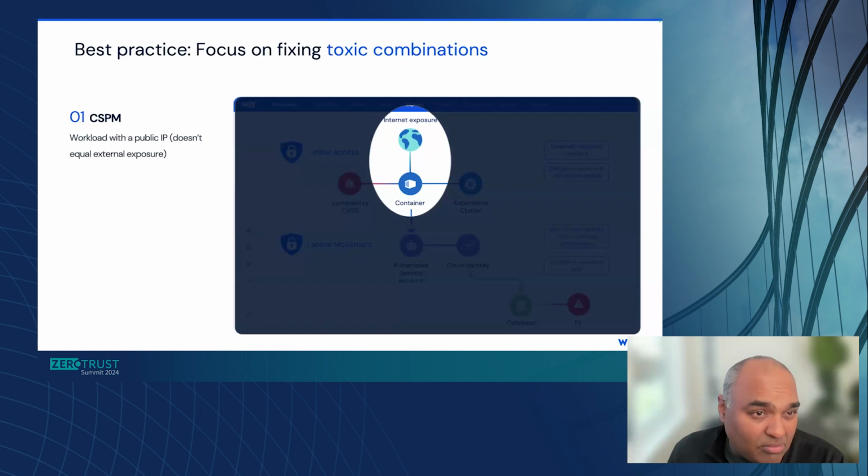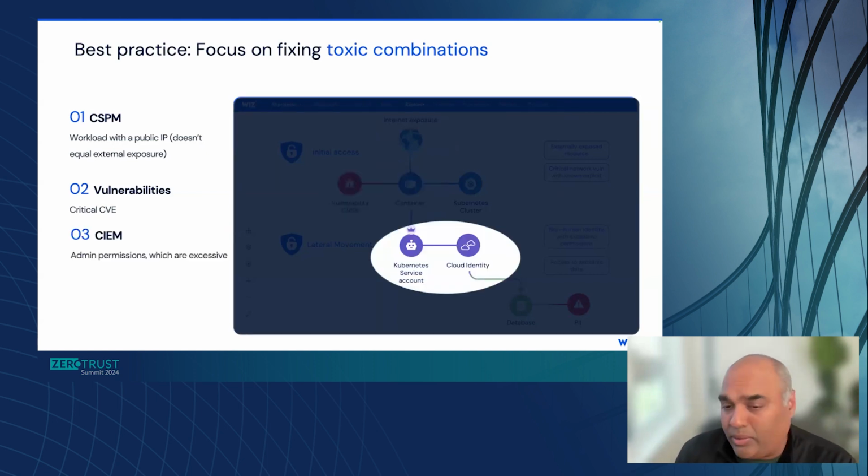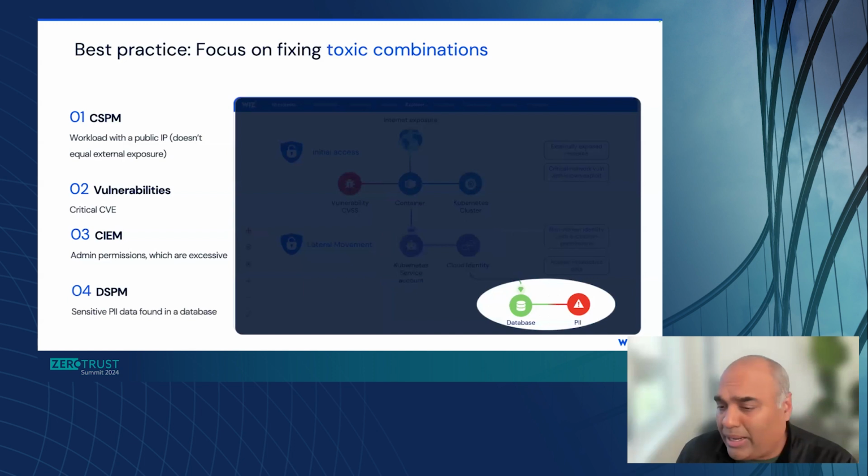So let's look at this from a best practices perspective, right? Historically, when you had individual siloed solutions, you were able to piece together the risks that existed in individual silos. So maybe a workload that's publicly exposed, maybe you identified the vulnerabilities that existed. You had a lot of KIM alerts identifying excessive privileges, and you had sensitive data alerts showing you where data resided.